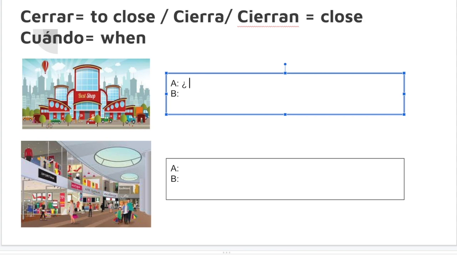So, ¿cuándo cierra el centro comercial? So I'm asking when the shopping mall closes. So cierra. And the person is going to say, el centro comercial cierra a las 9 de la noche.